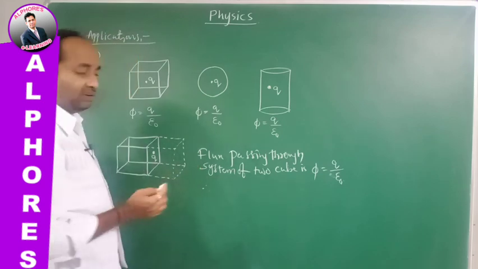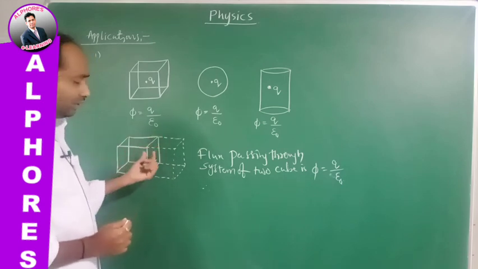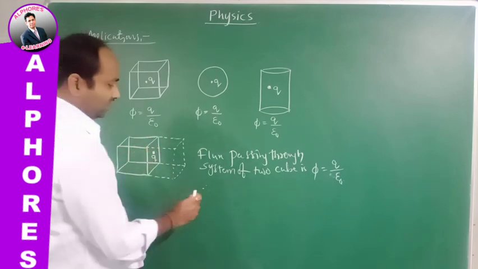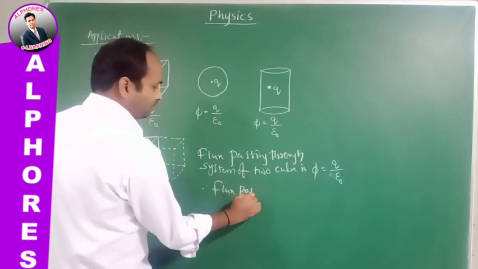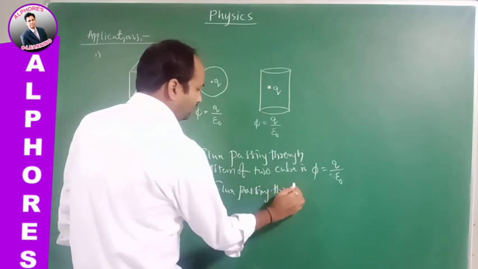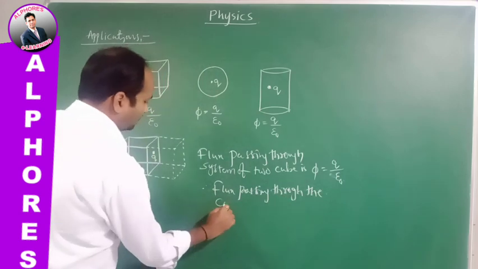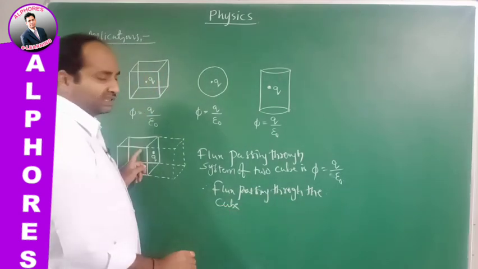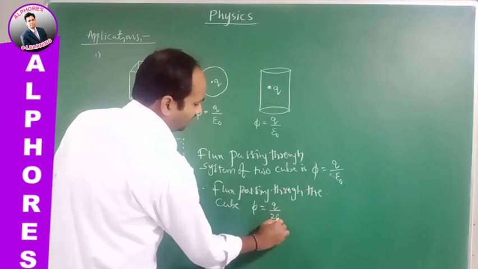Therefore, whenever the charge q is kept at the center of one of the faces of the cube, then what is the flux? The flux passing through the cube in these conditions is phi is equal to q by 2 epsilon naught.